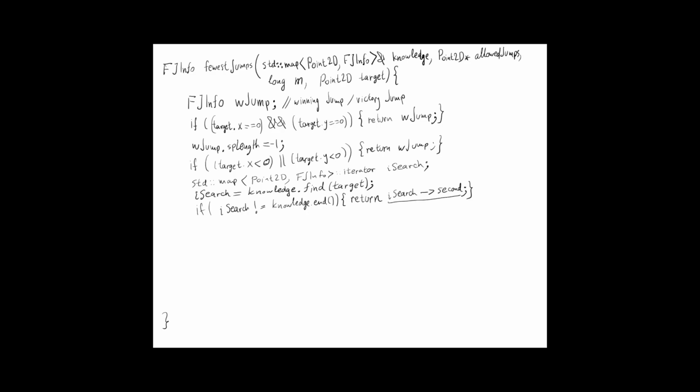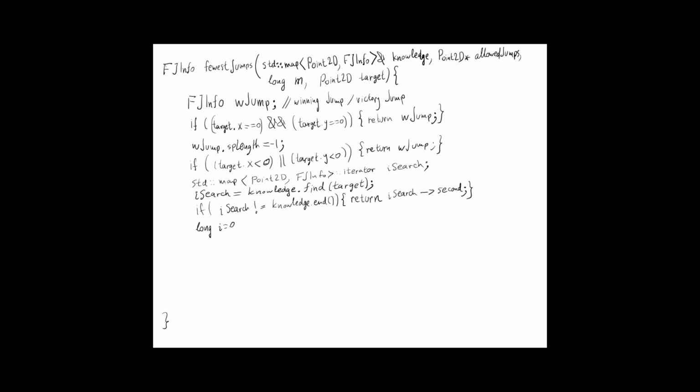The type of this variable will be fj info, and that's precisely the thing that we need to return. The counter will start at 0 and run until m, so we can go over all possible jumps.